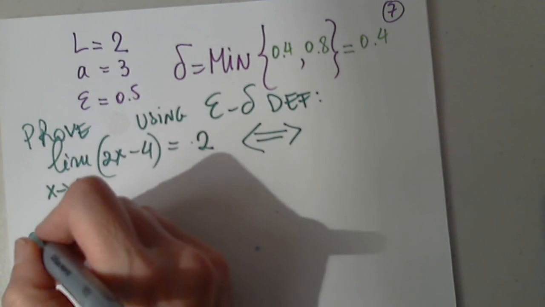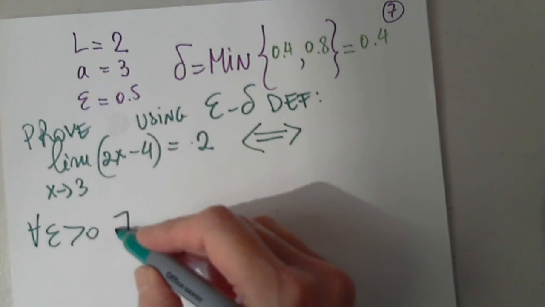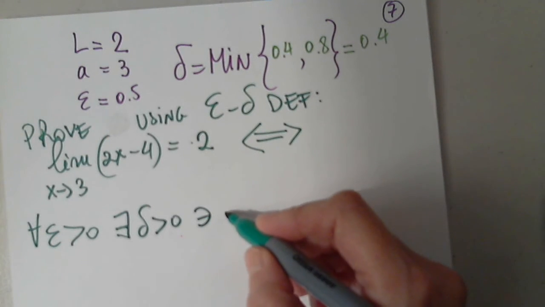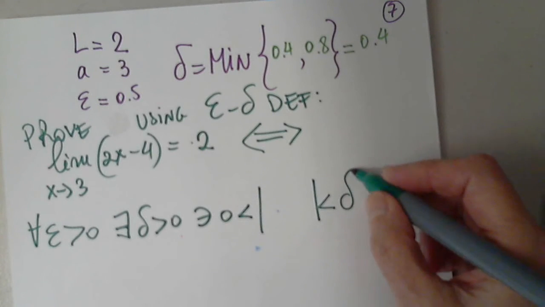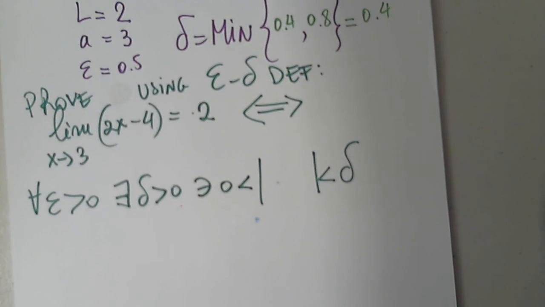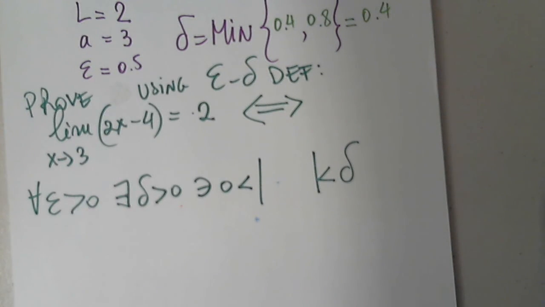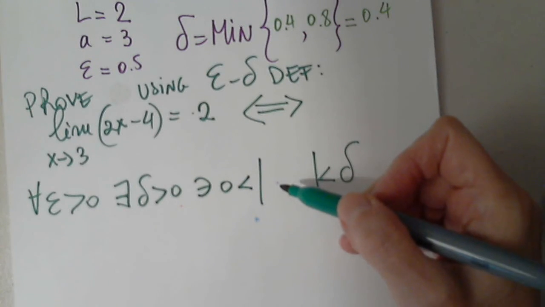Okay, so that implies for every epsilon positive, I will find a delta positive such that 0 less than, please tell me what to write in here. Give it a shot.